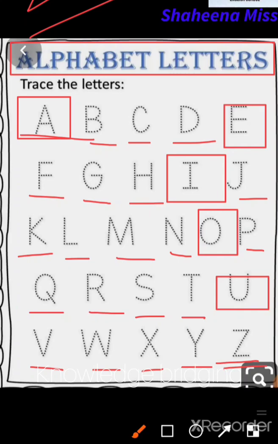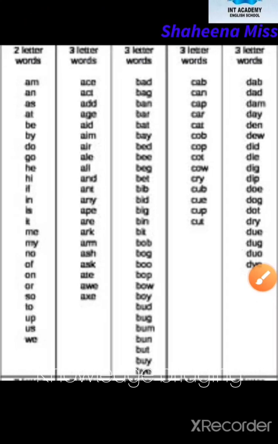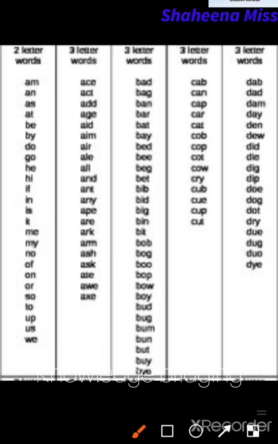Now let's see another worksheet. With the help of the alphabets, you start making 2-letter words, 3-letter words, 4-letter words, 5-letter words and so on. Lots of words you start making with the help of alphabets only.